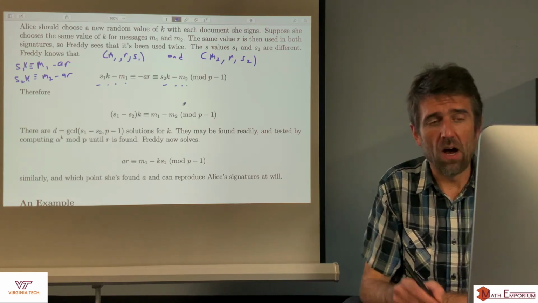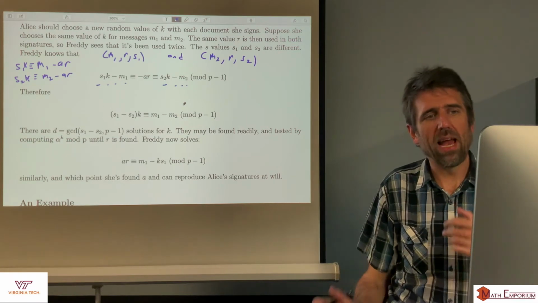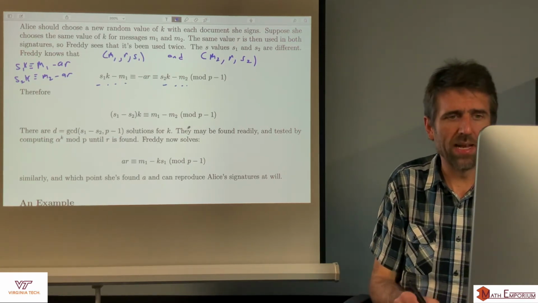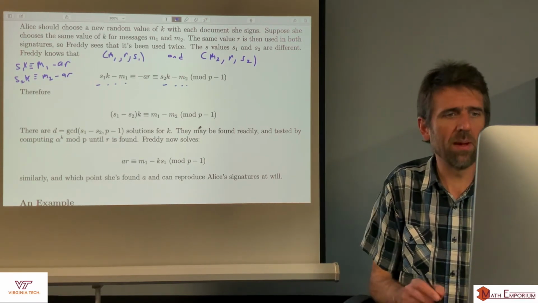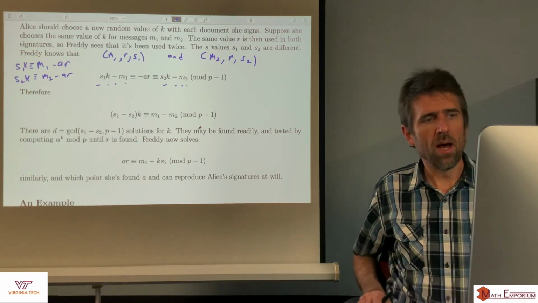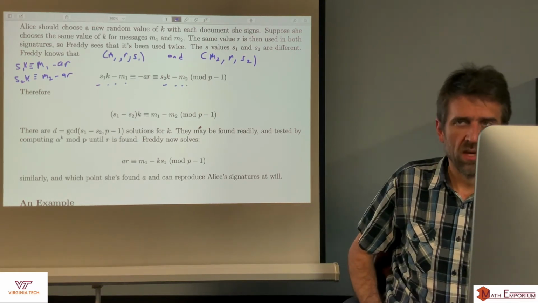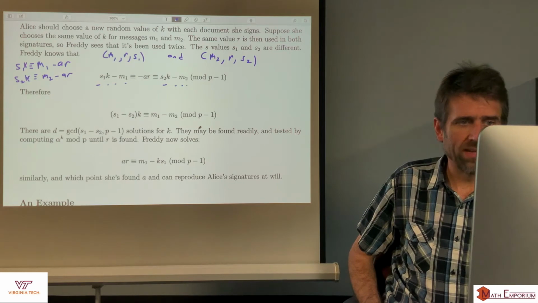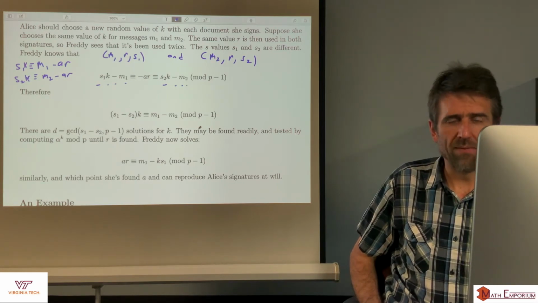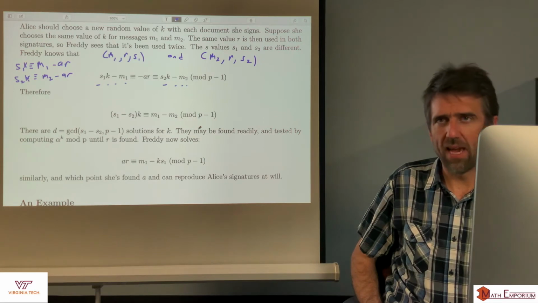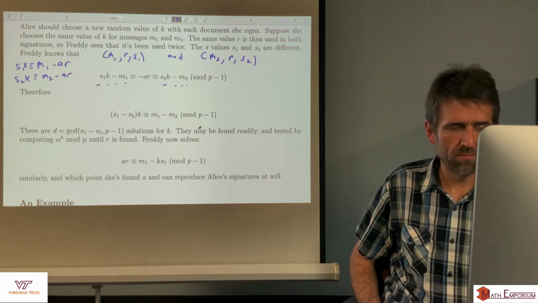And we could solve this for k. Again, this s1 minus s2 might not be invertible mod p minus 1, so there may be several solutions. But we can find all the solutions, and if there's not too many of them, we can test which one is the correct value of k simply by computing all the values of alpha to the k mod p until r is found.